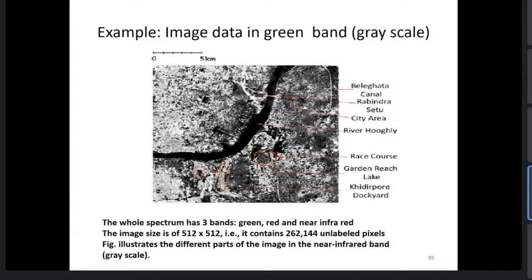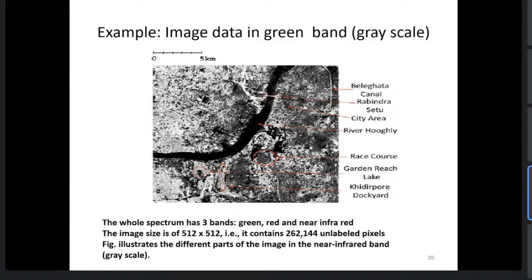Here we have also shown the data visually, with only one example. I have not shown the IRS data, only the image data in the green band, shown in grayscale. We can also show it in color.